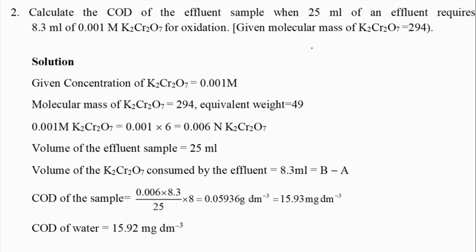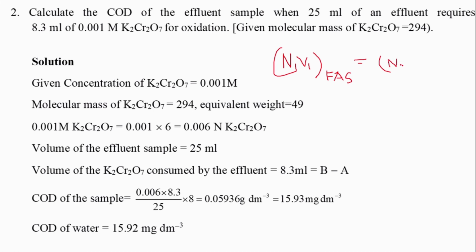Before solving this, one thing we should remember: N1 V1 of FAS is equal to N2 V2 of K2Cr2O7. Here on the right hand side, we should take the normality and volume of the K2Cr2O7. Let me write it down.